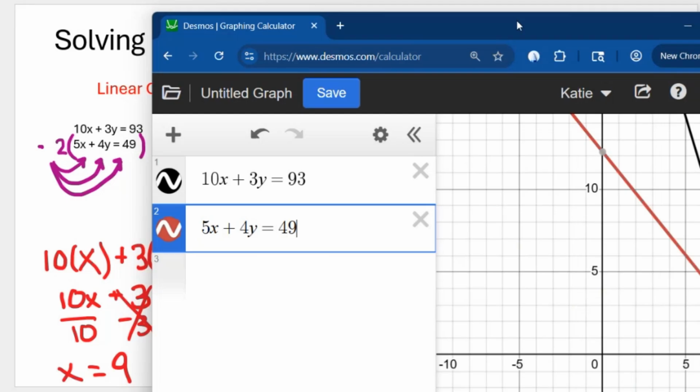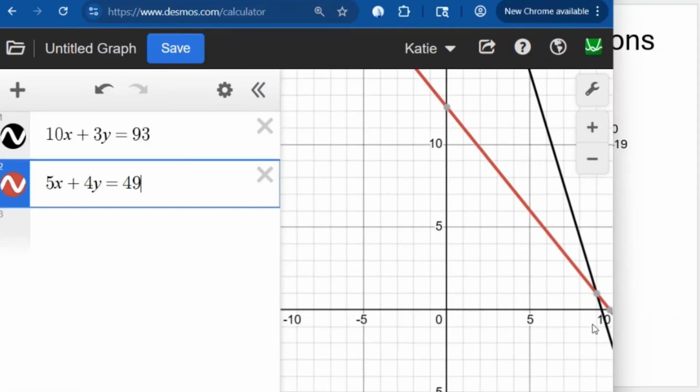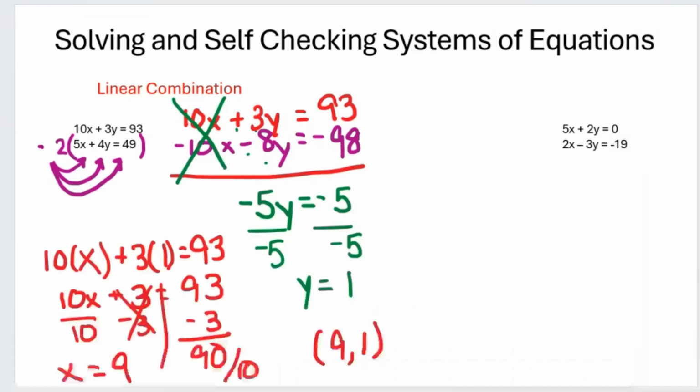And we will see that it intersects right here at 9, 1, the coordinate 9, 1, which is exactly what we thought it should be.